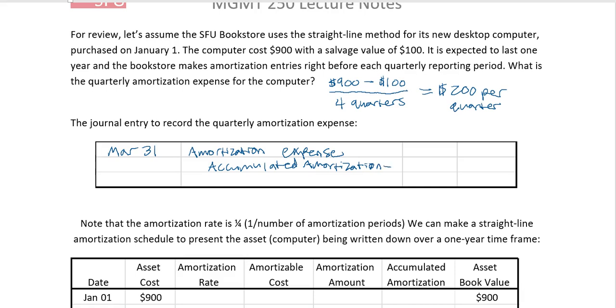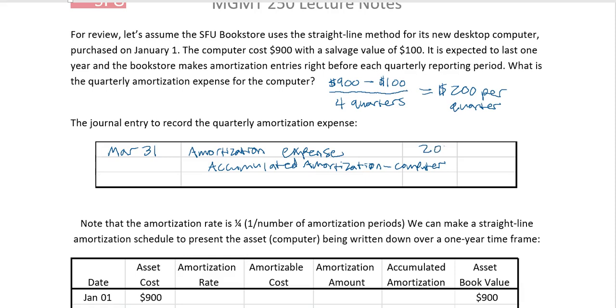So I'm making the first quarterly amortization entry. So remember that for accumulated amortization, you want to label what it is because it goes on the balance sheet as a contra account below the asset.